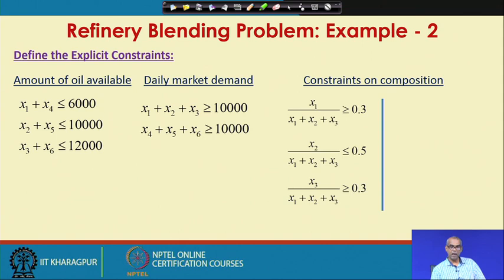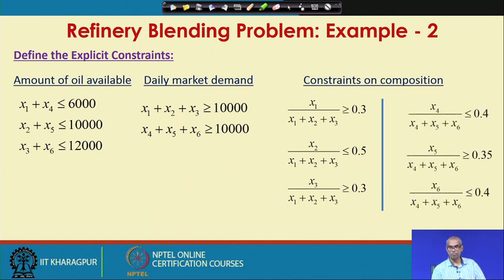That means at most 50% of B. Similarly, the other constraints. So, we have the constraints on amount of oil available, daily market demand and constraints on composition.